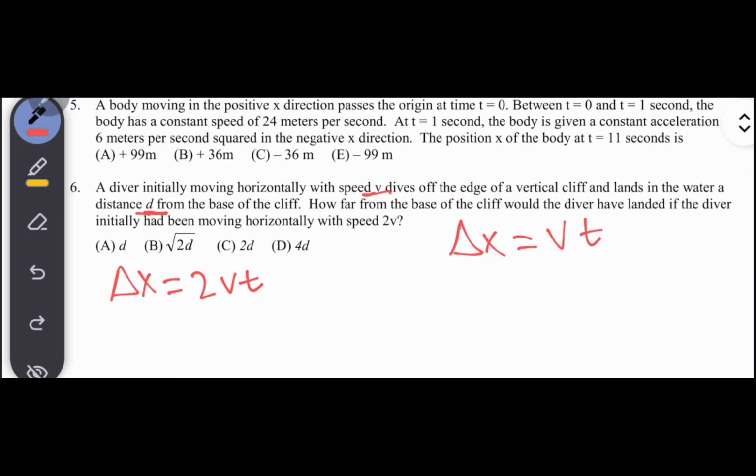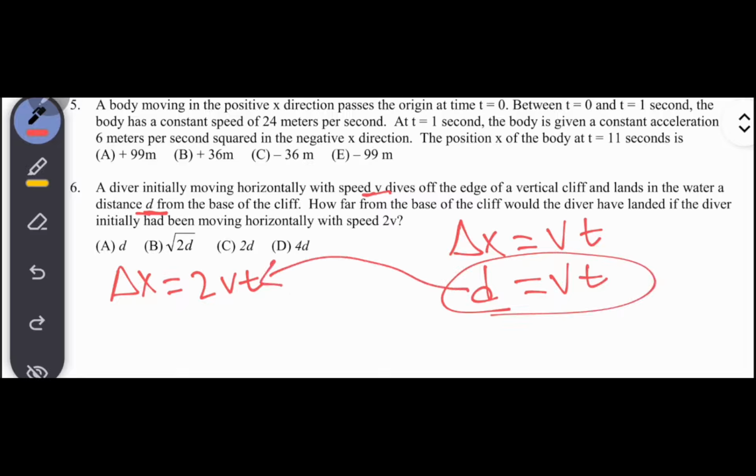And in this case, we know our displacement is d. So d is equal to v times t. Since d is equal to v times t, we can plug this in over here to v times t. And if we do that, we get delta x is equal to 2d. And that leads us to our answer of choice C.